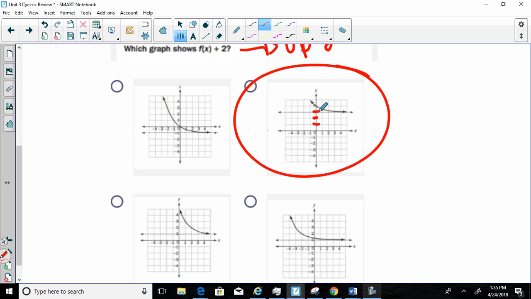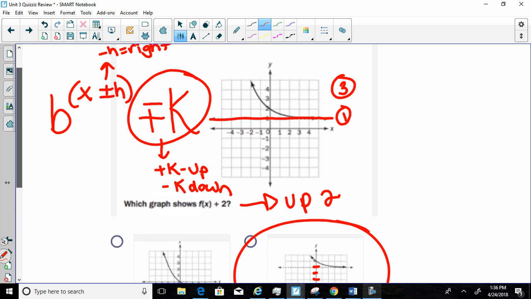So it's really weird. Like you said, one right here was going left and right. This one was up, down, right. So this one is going to go up too. Because your original one is saying take this function and go up 2.